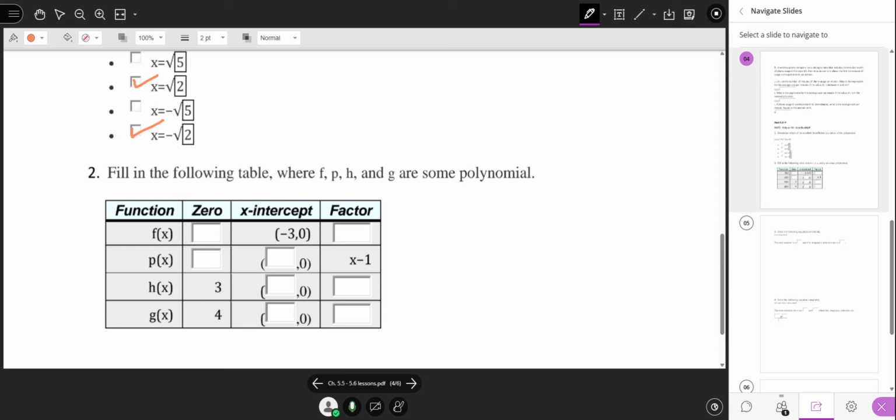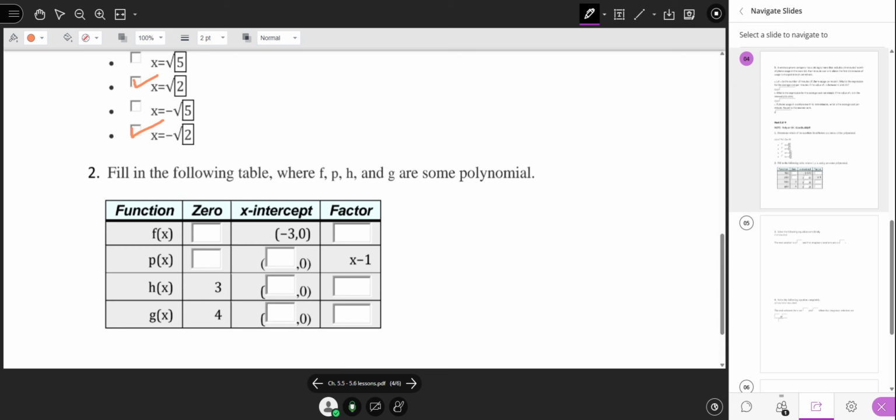So x-intercepts show up as ordered pairs. And see how it put little green dots at each one of those? Okay. So saying x equals would just be the zeros.